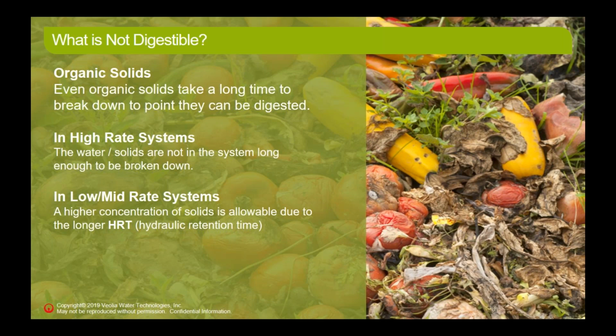A CSTR reactor, you could allow more organic particles in because they have the ability to stay in the system longer. So even in those lower rate systems, you would still want to get out large particles. Again, the 2x4s, the bottle caps, the pieces of glass, the labels. You don't want those in your system, so they would still need to be removed.